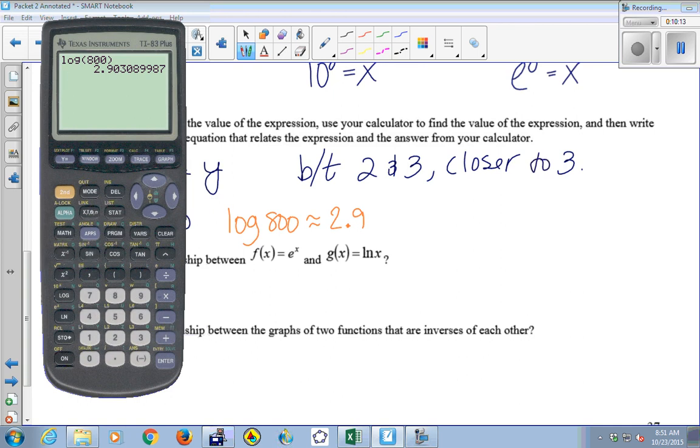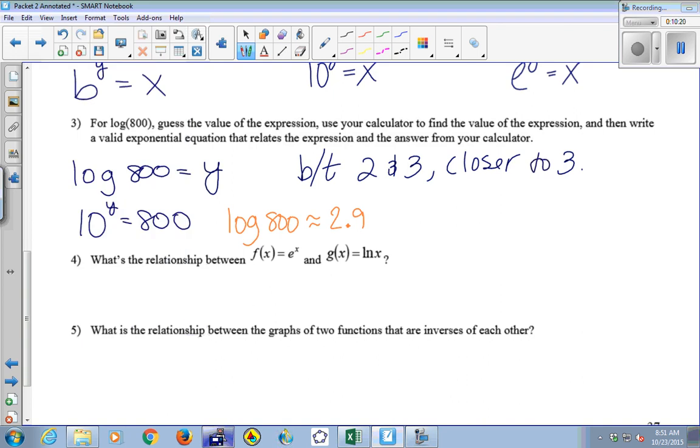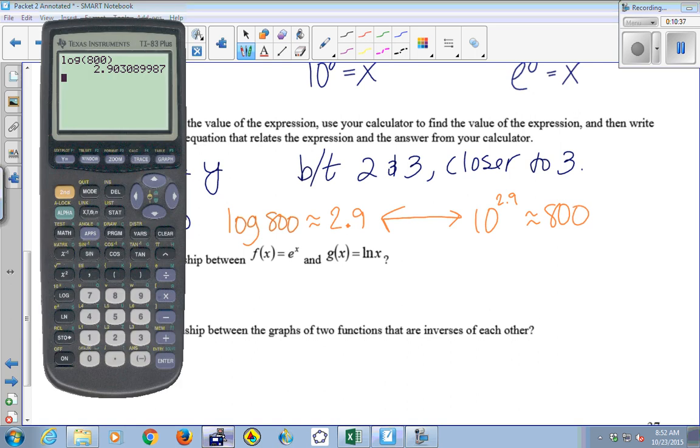And then I also asked for an equivalent exponential equation that relates the 2.9 and the 10 and the 800. So what would my equivalent exponential be? Yes, 10 to the 2.9 should be approximately 800. And then we can just check that. 10 to the 2.9 gives me pretty close to 800.